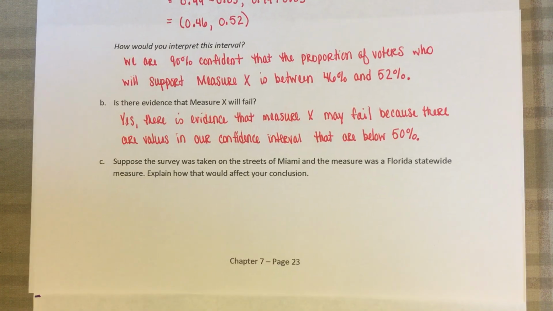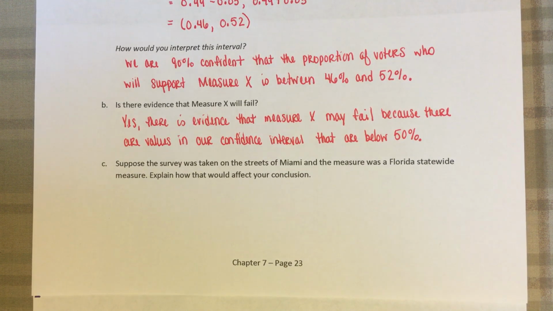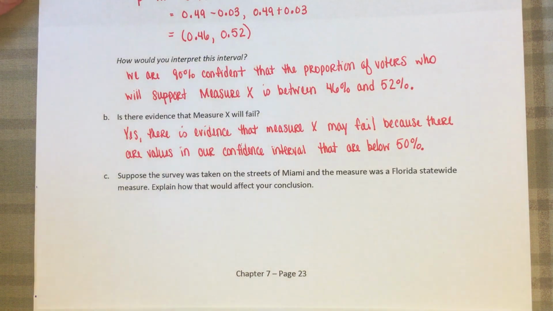Suppose the survey was taken on streets of Miami and the measure was a Florida statewide measure. Explain how that would affect your conclusion. So here we're kind of going back to where we started in chapter 7, and we want to think about our samples. Is our sample random? Is our sample a good, unbiased representation of our population?